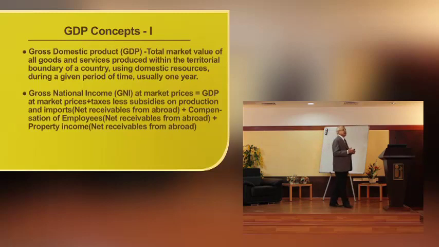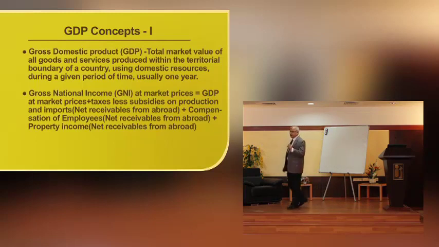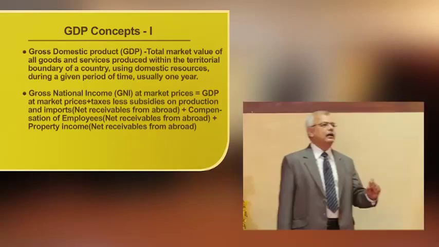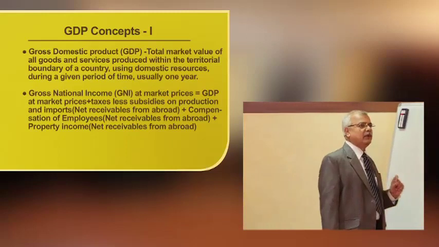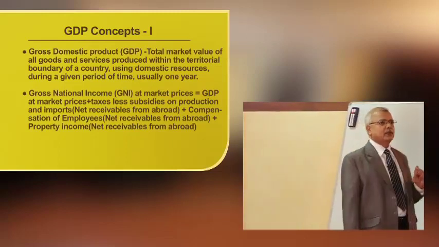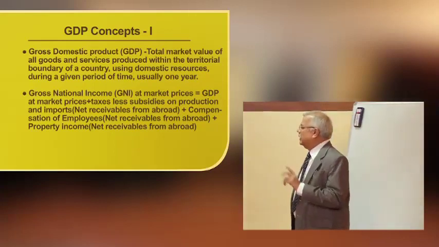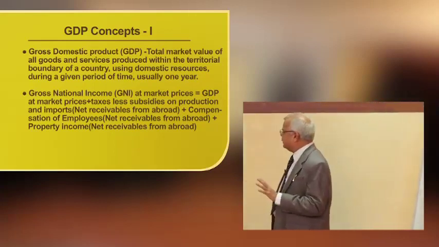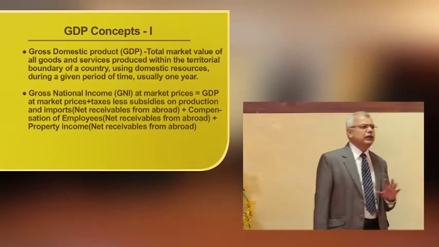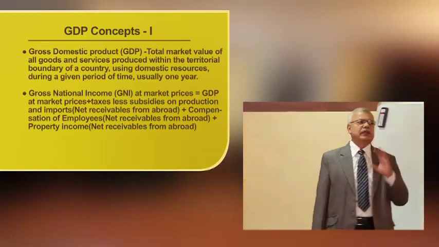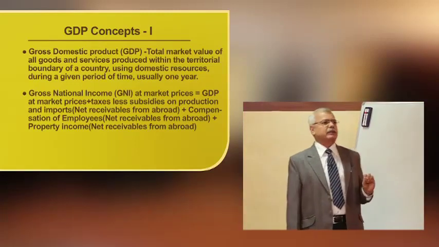That is, when we measure the whole basket of products and services that are produced in the economy, usually a year, then that GDP amount can be arrived at, and the total market value of all goods and services produced within the territorial boundary of a country using domestic resources during a given period of time is usually referred to as gross domestic product.